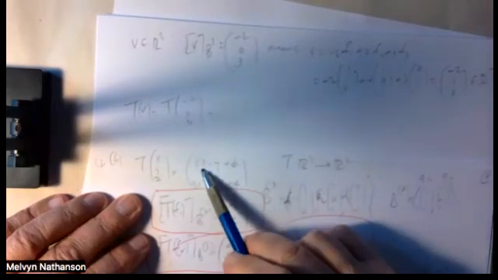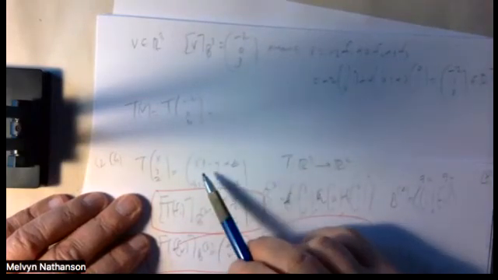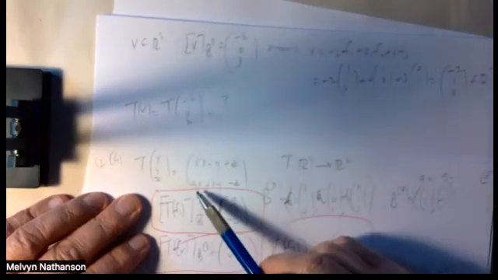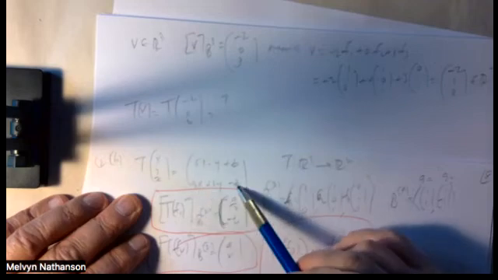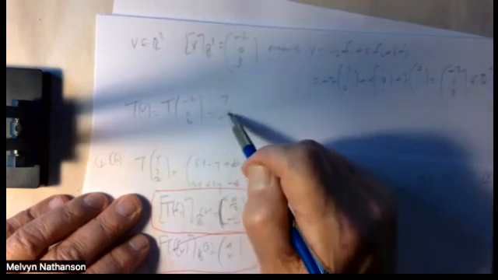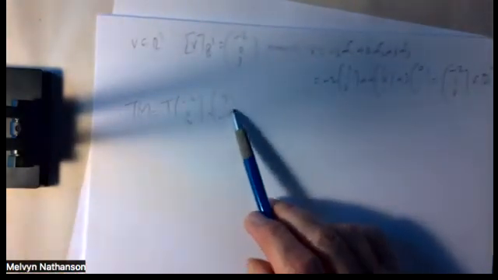When x is -2 and z is 3, this is -10 plus 3, this is 7. When x is -2 and z is 3, this is -6, this is -9. So T of v is 7, -9 in R2.